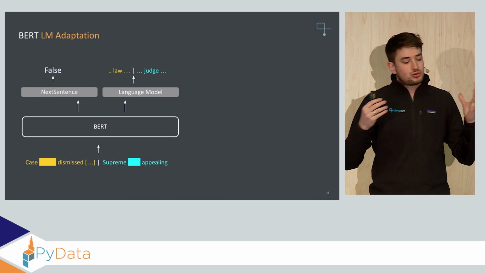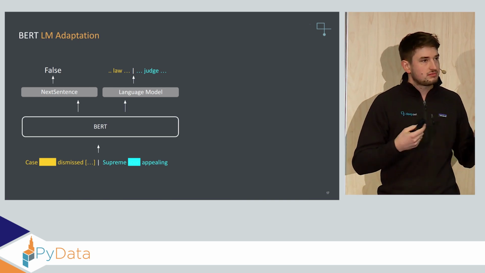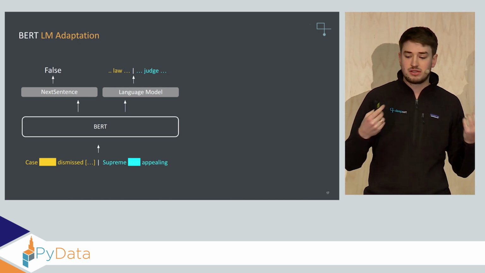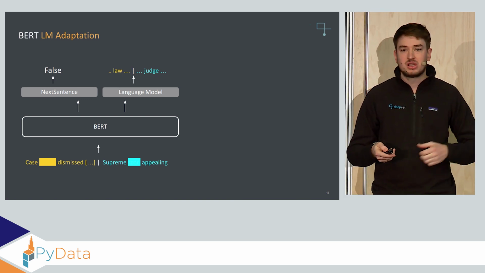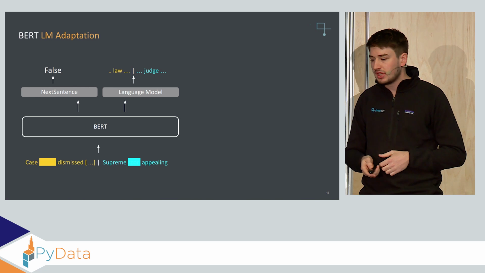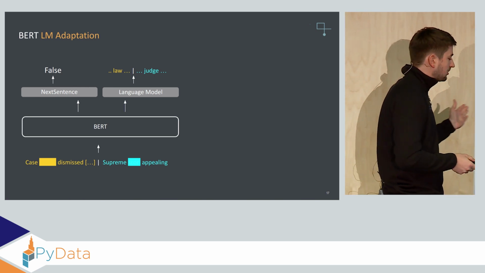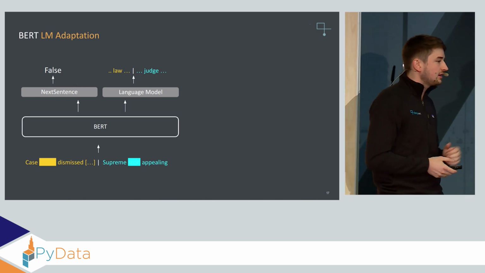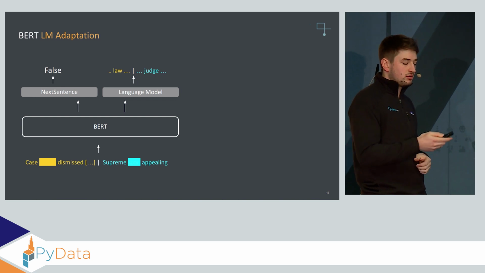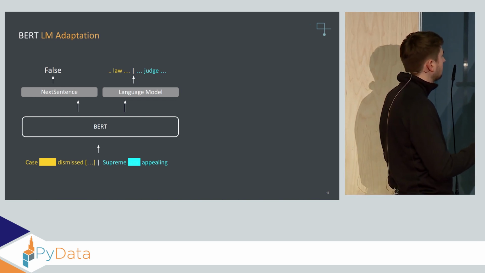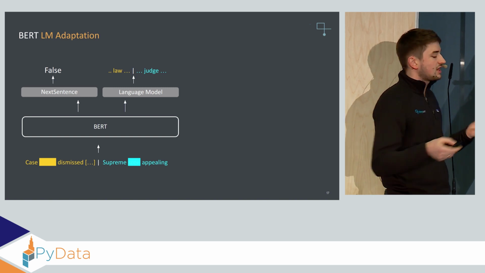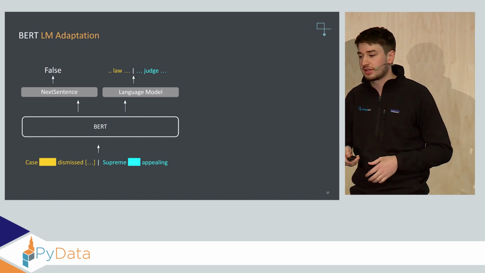So now we have a pre-trained language model, and the second phase is then, if you want to work in a certain domain, to adapt to this particular language that you have. And what you do there is basically continuing the same style of training that we saw before. The only thing that changes is what you feed in. You now don't feed in Wikipedia text anymore, but for example some legal text from contracts.